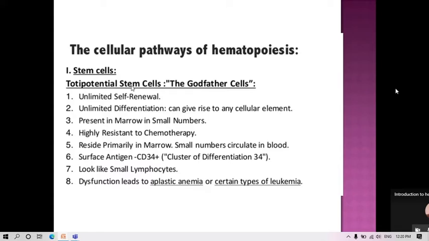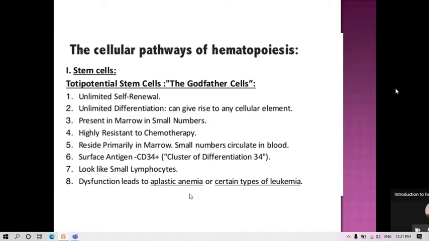And one more thing about aplastic anemia: because these totipotential stem cells are not there, there will be no extramedullary hematopoiesis, because these stem cells are the ones which go to the liver and spleen, and they are responsible for hepatosplenomegaly by extramedullary hematopoiesis. So by norms, if hepatosplenomegaly is present, aplastic anemia itself is excluded.